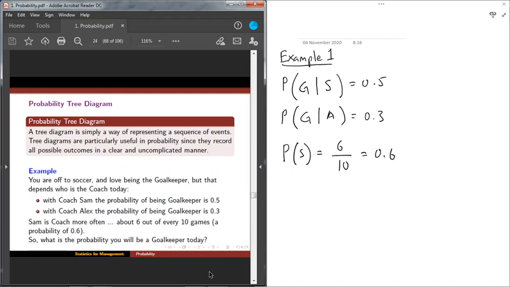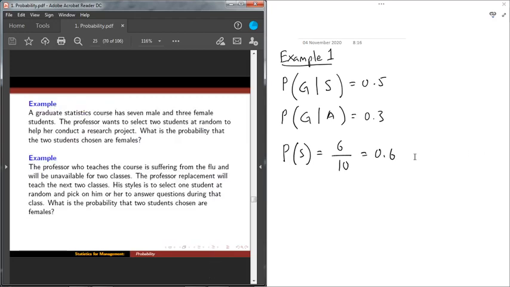So what is the probability you will be a goalkeeper today? How to handle this kind of question? This question can be handled if you can draw a tree diagram.